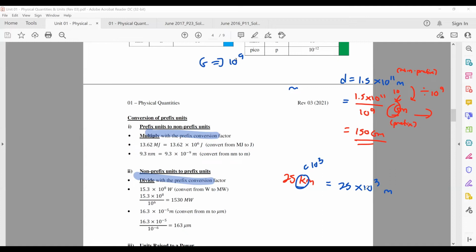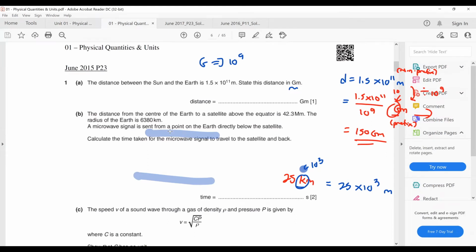But if it's something there with no prefix and you want to get it with prefix, you just divide. Okay, some people find it easier to remember in that way. If you want to get rid of the prefix, just sub in the values and it's gone. But if you want to get back the prefix, we just divide. Okay, that's how some of them remember it. So that one is okay. This is part A. All right. Okay, so this one the distance will be 150 gigameters.